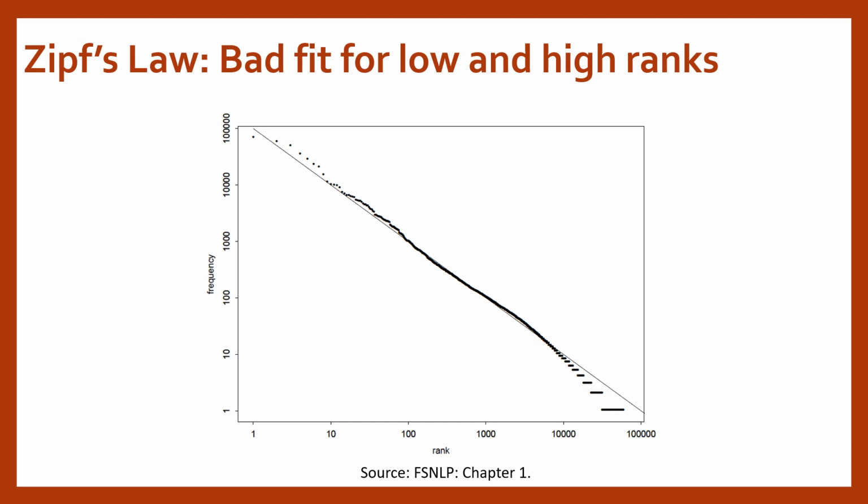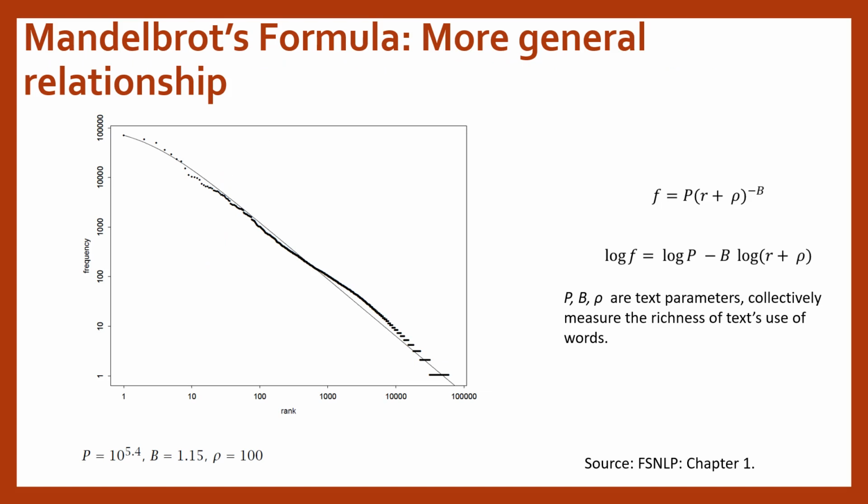To take care of this, Mandelbrot tried to generalize this to fit relatively better, modified the relation, and added a few more parameters which reflect the richness of the text's use of words. That's how the fitting at the top and the bottom end of the word frequency is taken care of.